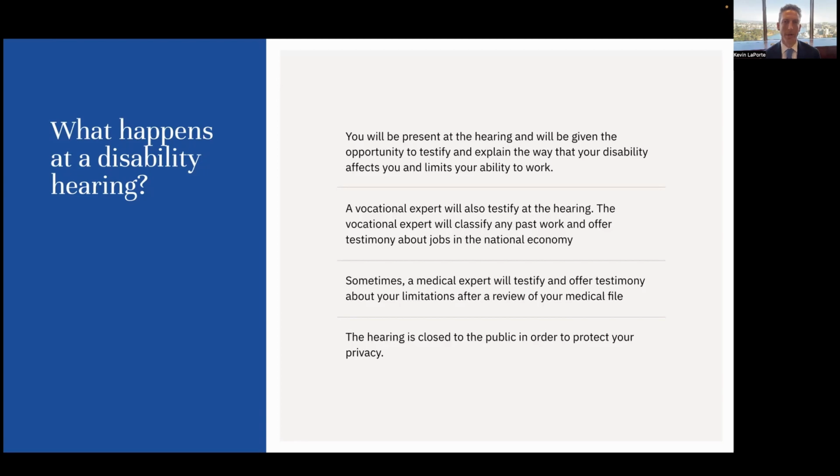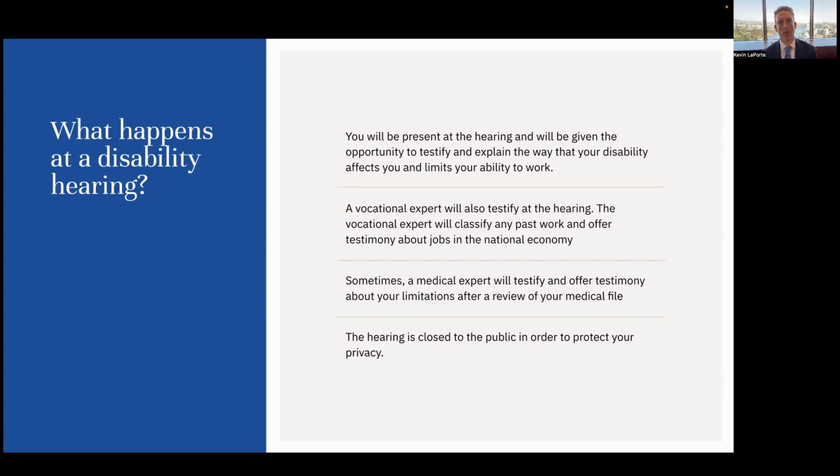It's also a great opportunity for the judge to hear from disability claimants directly about how their condition impacts their ability to work. At every disability hearing, there's also a vocational expert who appears and testifies. Now, a vocational expert will testify to the judge about jobs in the economy for people with limitations due to disabilities.